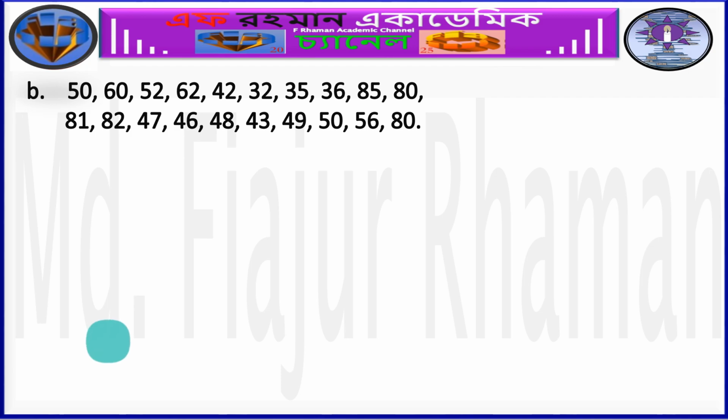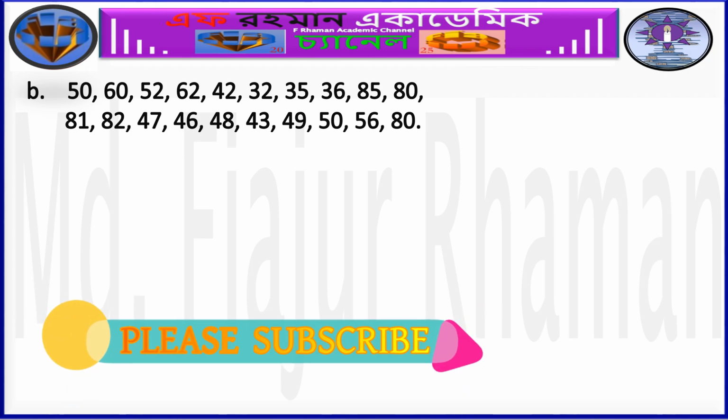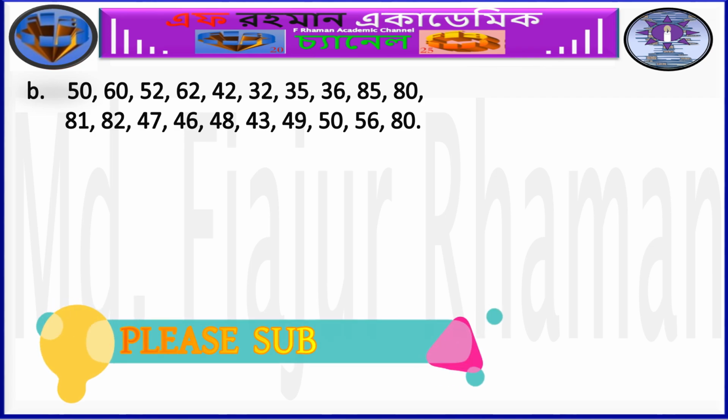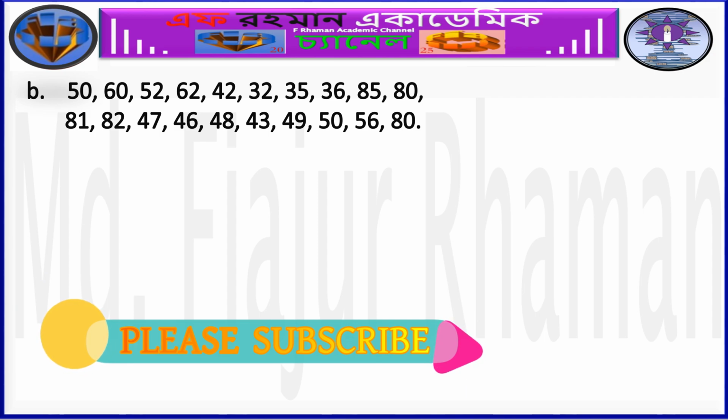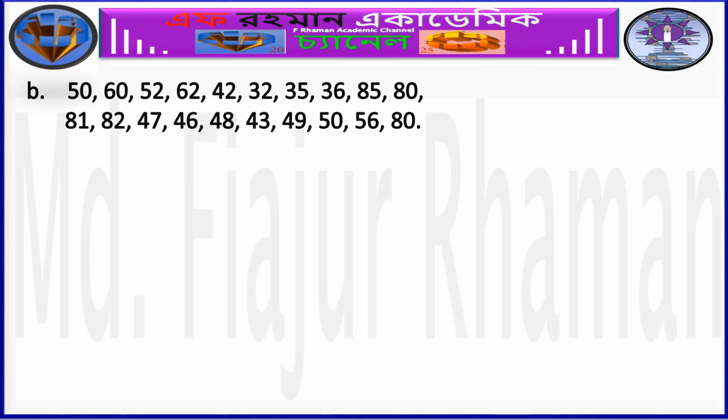First data is 50, second data 60. 60 is greater than 50, that's why we should consider 50. 52 is greater than 50, that's why we should consider 50. 62 is greater than 50, that's why we should consider 50. 42 is less than 50, that's why we should consider 42. The next data is 32. 32 is less than 42, that's why we should consider 32. In this way we should advance.